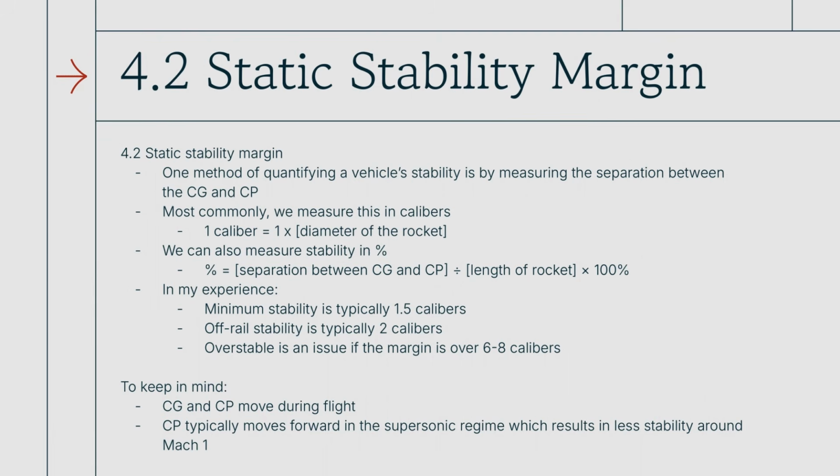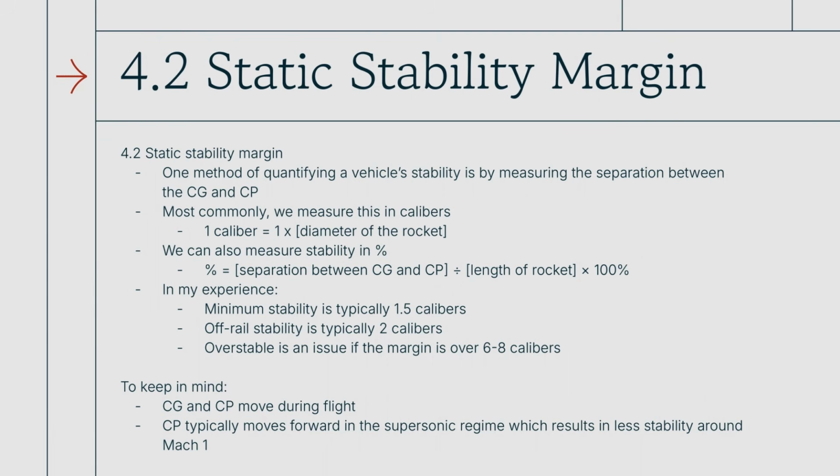And it's possible to be overstable. If your caliber is over 6 to 8 calibers, then you can be overstable. Nothing really bad will happen, but this is controlling how quickly your oscillations are dampened out. If you're overstable, you're dampening those oscillations quite quickly.